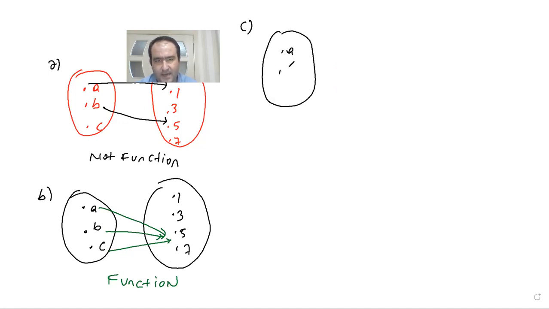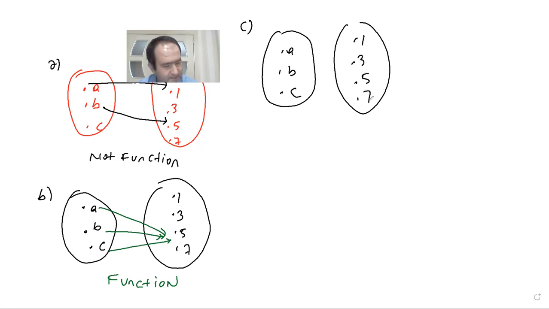Let me look at another. A, B, C, and 1, 3, 5, 7. A goes to 7, C goes to 1, and B goes to 3. Is it a function? Yes, it's a function too. Why?